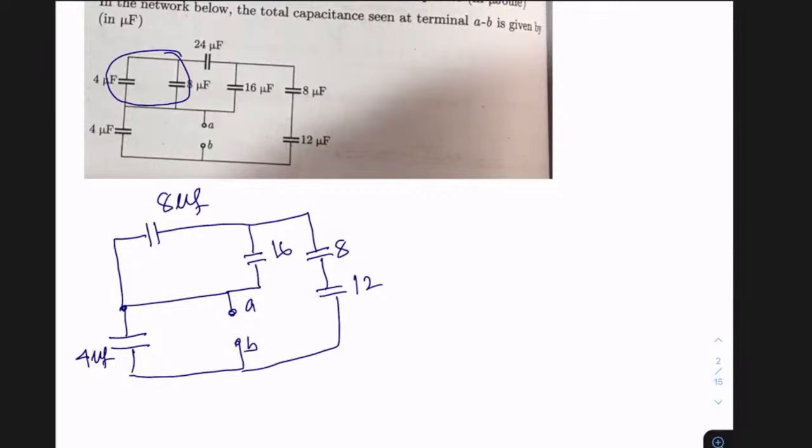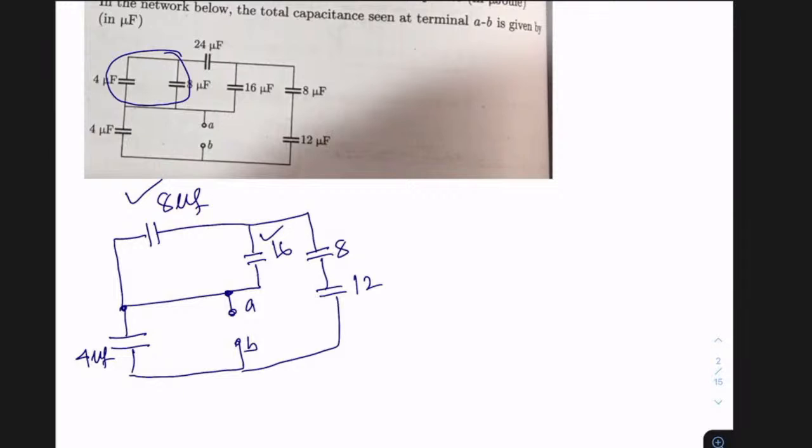Now, do you agree that this 8 microfarad and 16 microfarad are in parallel? Yes. Two elements are said to be in parallel if they are between the same pair of nodes. If I say this is node A and this is node C, then one second.